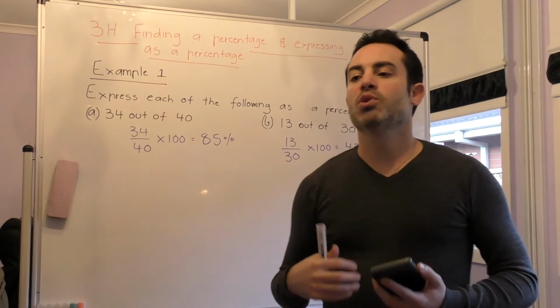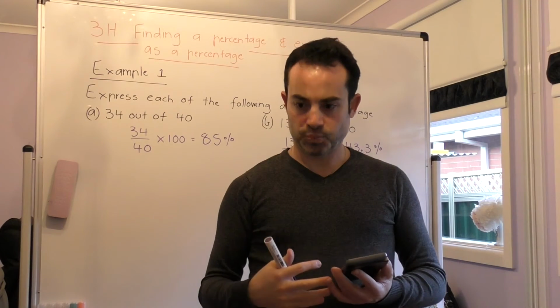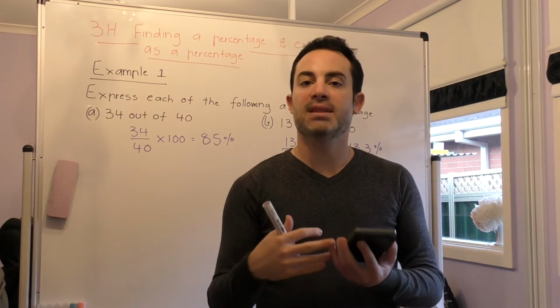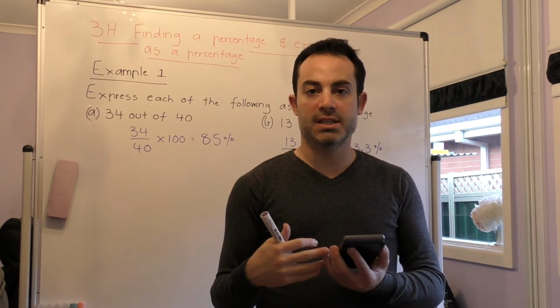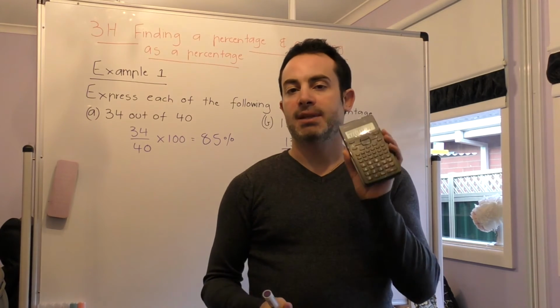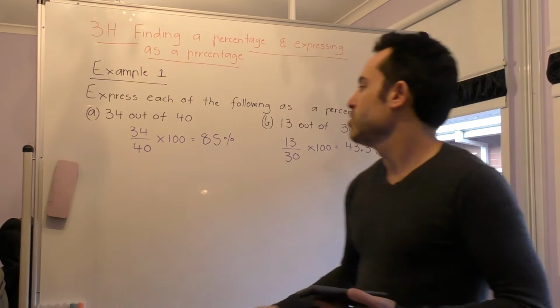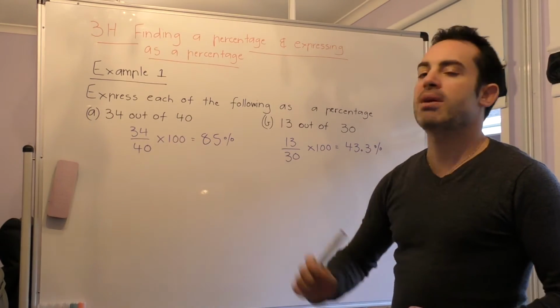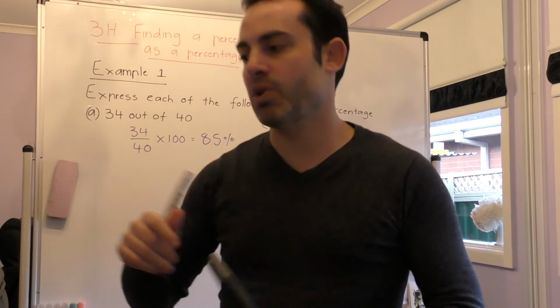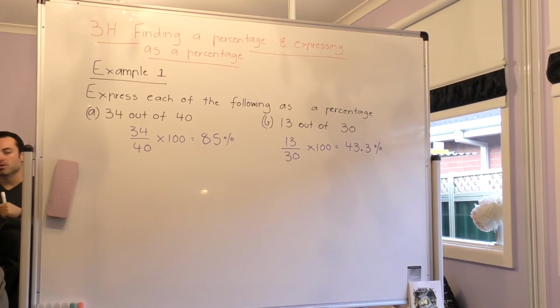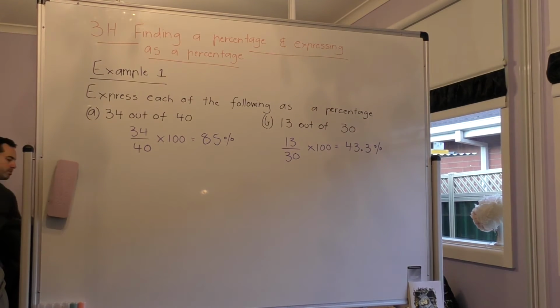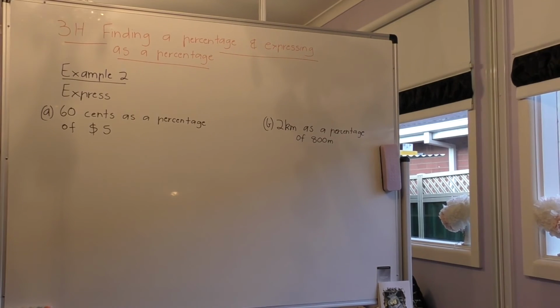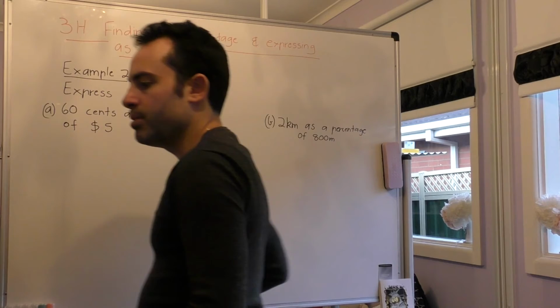It's more about the process and understanding the method that you need to use in order to get your percentage. You are allowed to use your calculator. So remember, write it as a fraction, times it by 100 to get your percentage. Before we move on, I would like you to copy that down into your rules book. Alright, moving on to the next example.